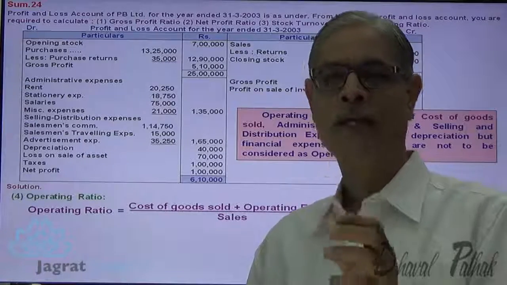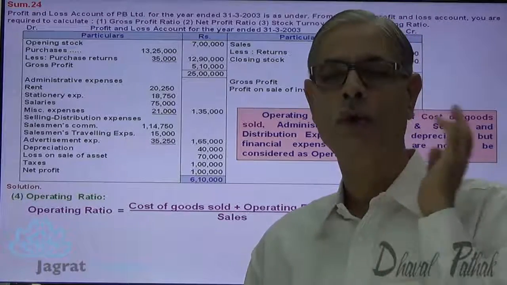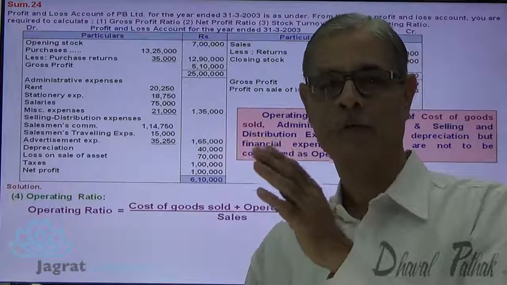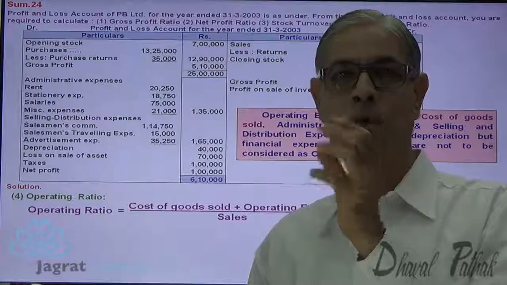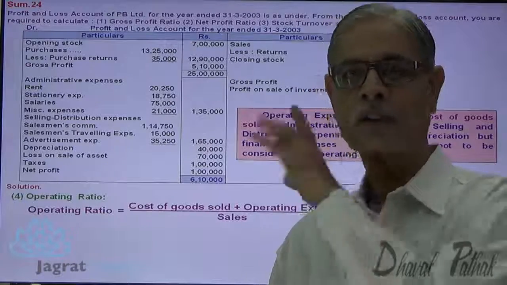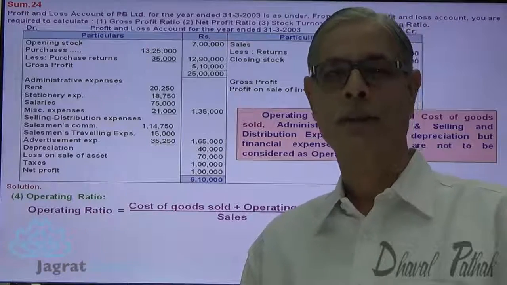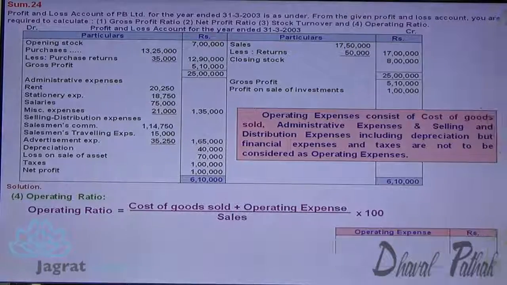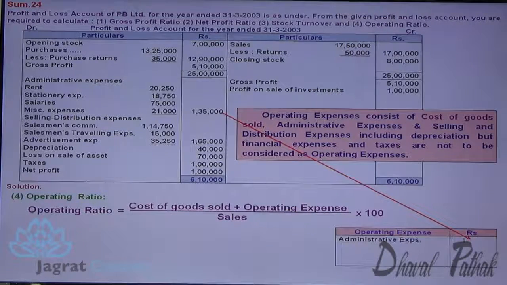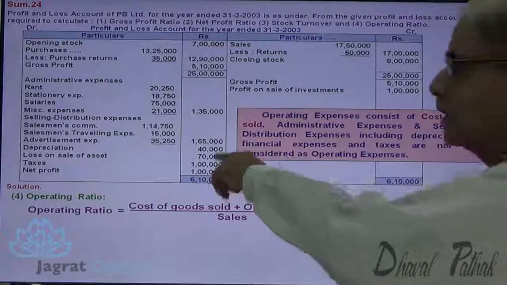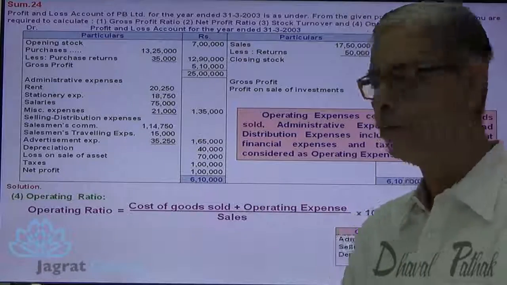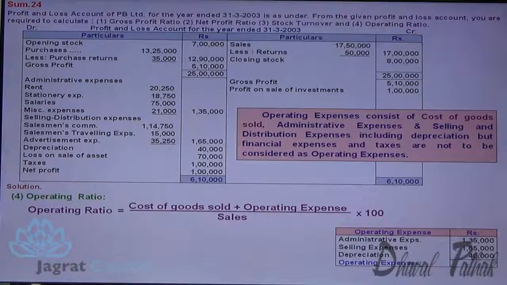So observe what I include in operating expenses, and what I exclude, and on the basis of that, look at the note that I prepare for operating expenses. So here administrative expenses, selling and distribution expenses, depreciation are included, and loss on sale of asset and tax are avoided. So here the total of operating expenses works out to be 3,40,000.